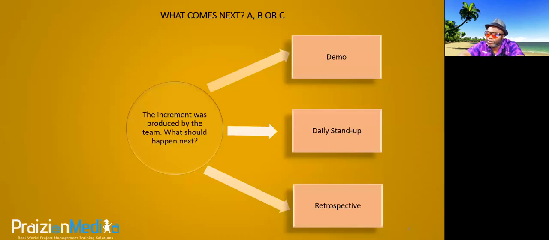All right, next one. The increment was produced by the team. What should happen next? Let's go ahead and launch. Let's launch the poll. All right. Good job. These are easy and quick. 3, 2, and 1.